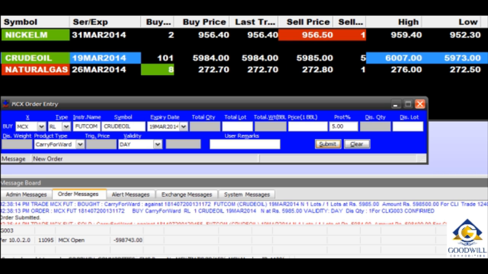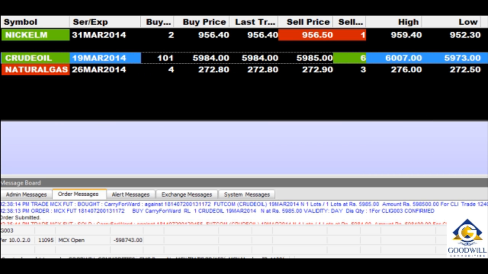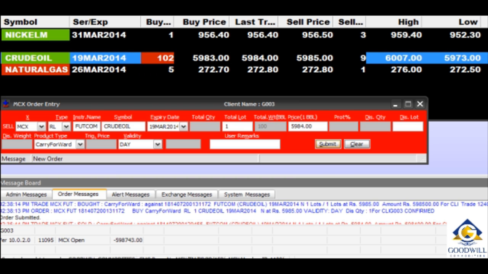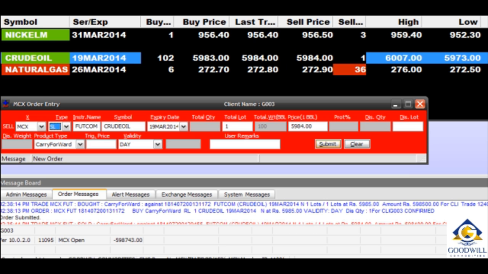You can notice that at the bottom I had purchased crude oil at 5985. Now what I am going to do is place a stop loss order, which is going to be a stop loss limit order. I am going to change this order type to stop loss, which means that I need to fill these two areas. One is the trigger price.